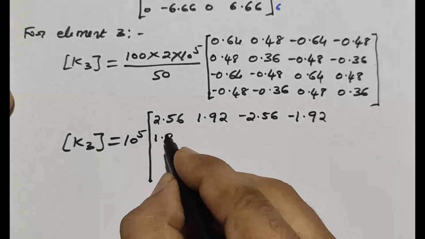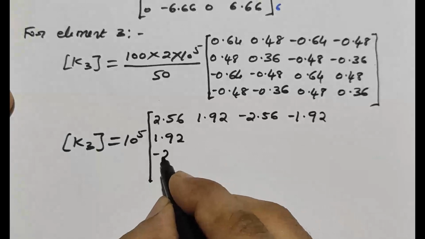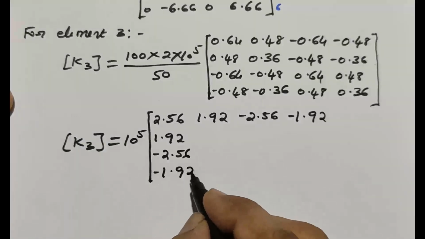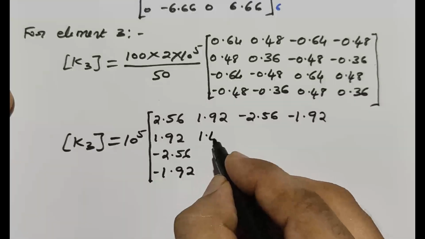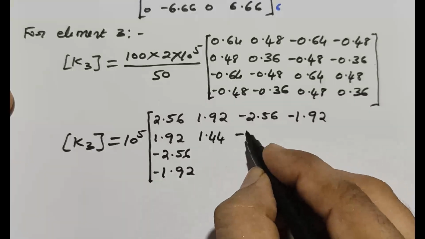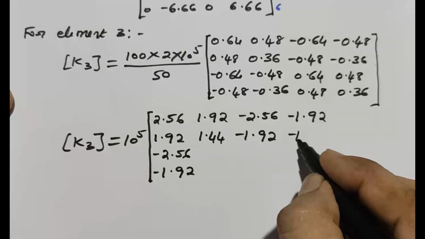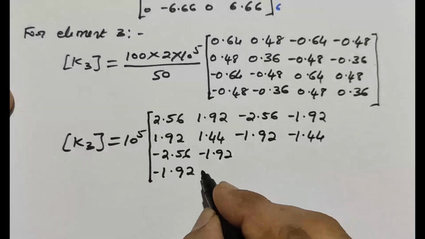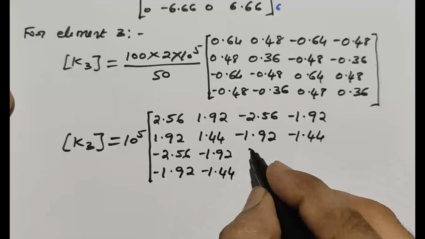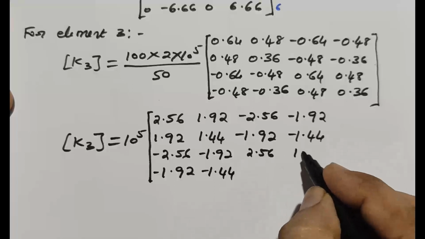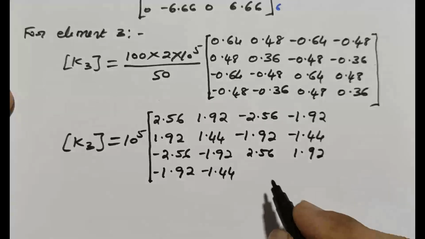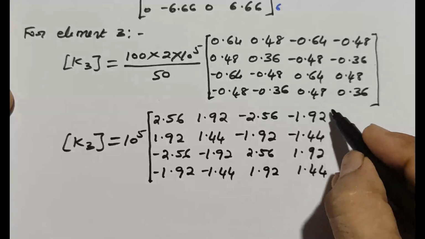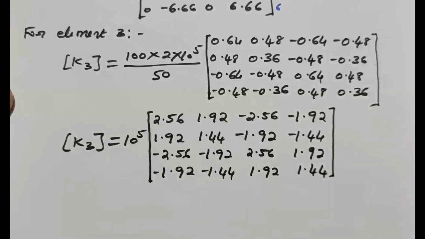Here 1.92, 1.44, minus 1.92, minus 1.44, minus 2.56, minus 1.92, 2.56, 1.92, minus 1.92, minus 1.44, 1.92, 1.44. This is the elemental stiffness matrix.